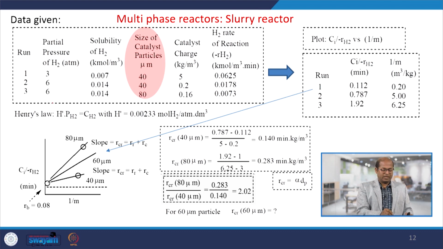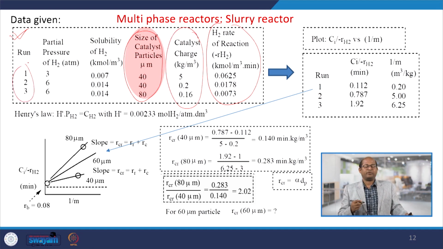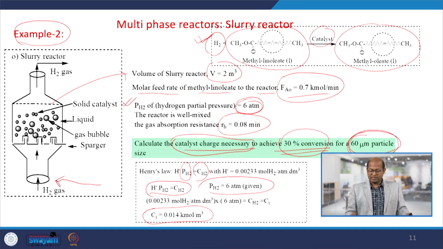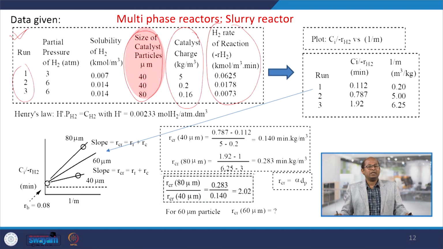Next, in the same problem, this data is given: catalyst particle size, rate of the reactions, and how much catalyst quantity was charged, for these 3 runs. We already know 40 and 80 micron particles, but the 60 micron particle size is the unknown, not given in this data.